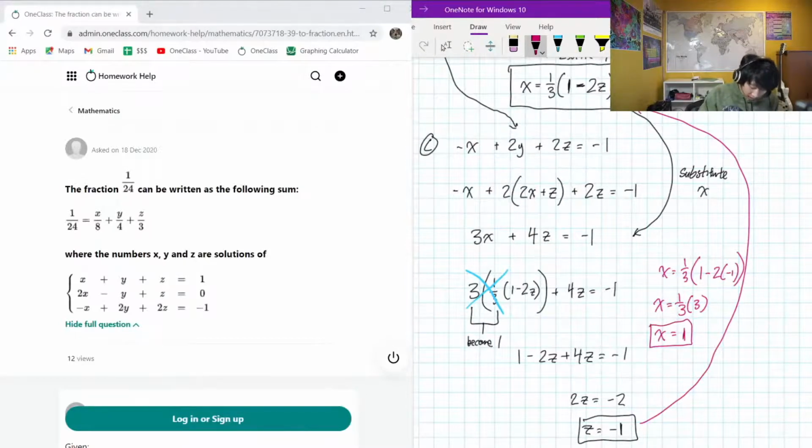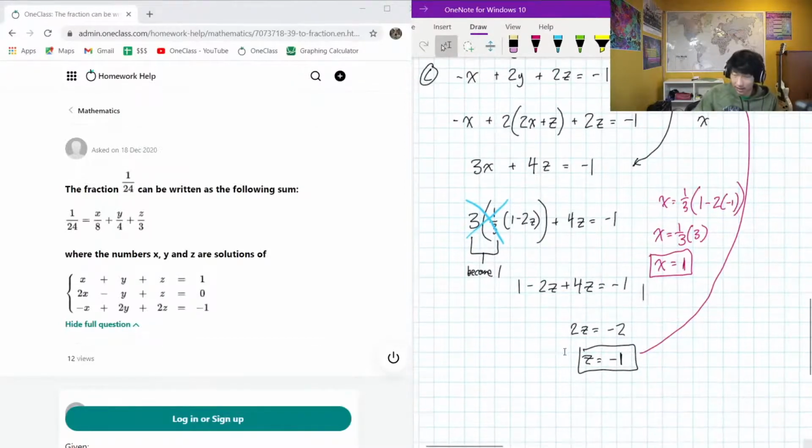Okay, now that we know x and z, equation A can pretty quickly tell us what y is going to be. If we know that x plus y plus z is equal to 1, we could have used any of the equations here, but this was the most convenient.